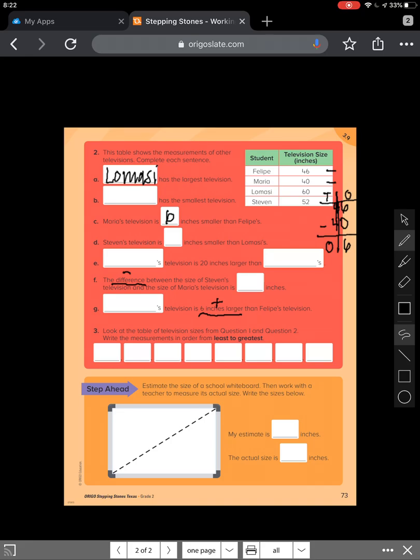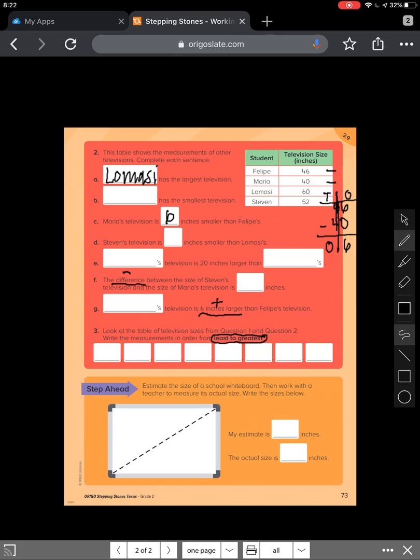So number 3 says look at the table of television sizes from question 1 and 2. Write the measurements in order from least to greatest. Pay attention to what that says. It says least to greatest. So you're going from the smallest to the largest.